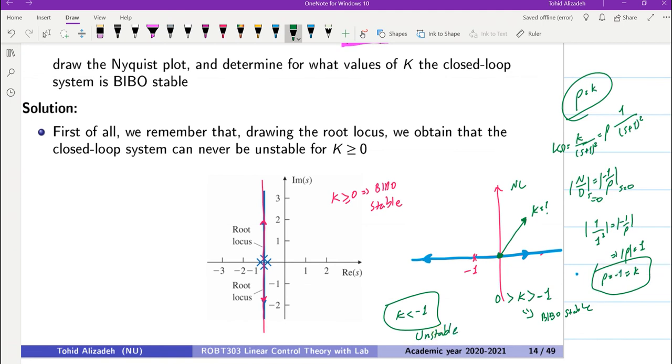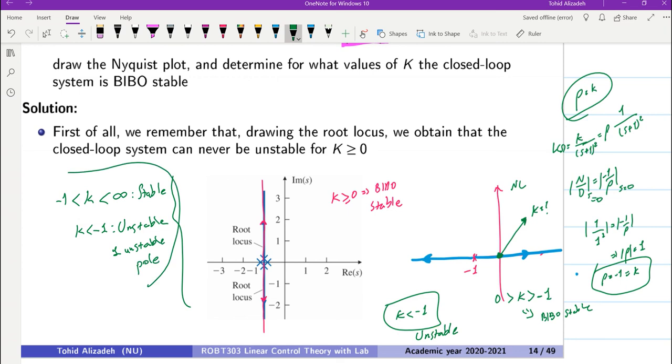Now we can combine the positive locus and negative locus and say that for K bigger than minus 1 and smaller than plus infinity, the system will be stable. For K smaller than minus 1, we will have an unstable system with one unstable pole for the closed loop system.